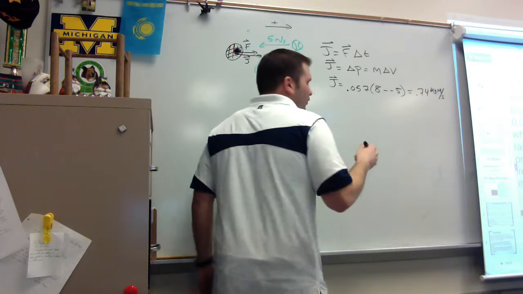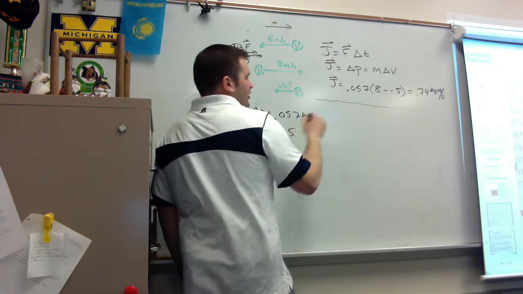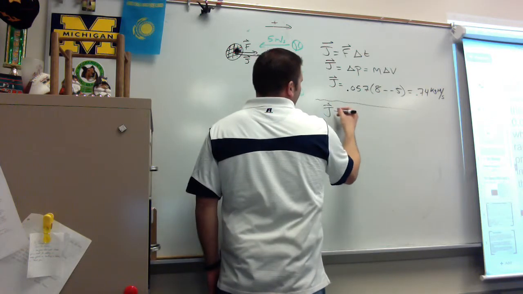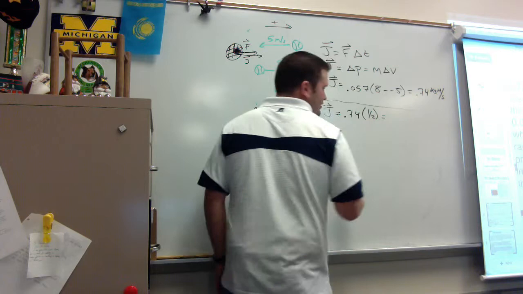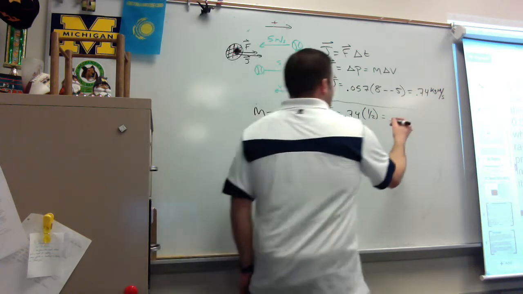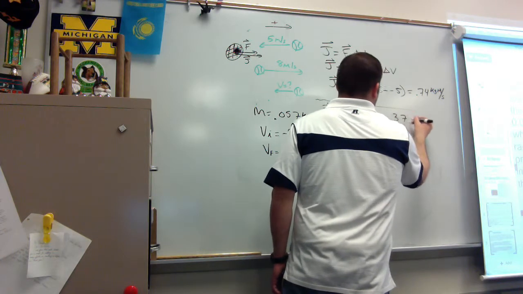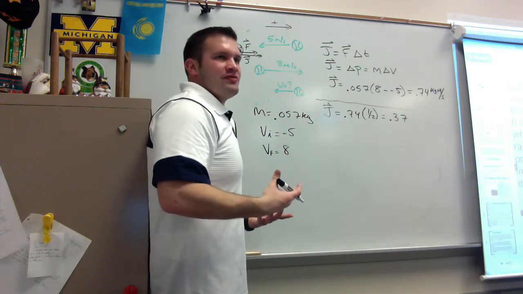So 0.74, if I'm talking about the garage door tennis ball interaction, so right here, impulse is not 0.74. It's 0.74 times 1/2, which is 0.37. You got it in your head? Okay. So the impulse now is 0.37, right?